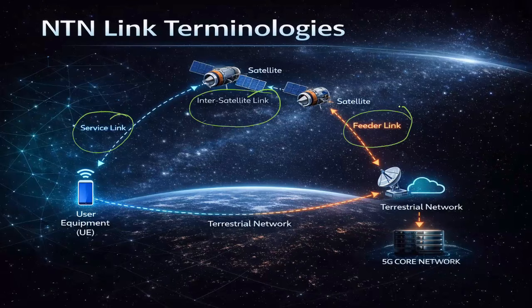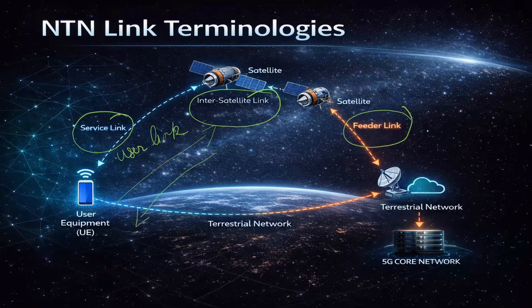The service link is the radio interface between the satellite and the user equipment, for example a smartphone, IoT device, or vehicle terminal. It is also known as the user link, through which the end user accesses 5G NTN services such as voice, data, or IoT connectivity. The service link handles both uplink from UE to satellite and downlink from satellite to UE, right?